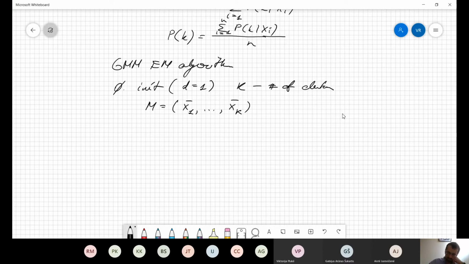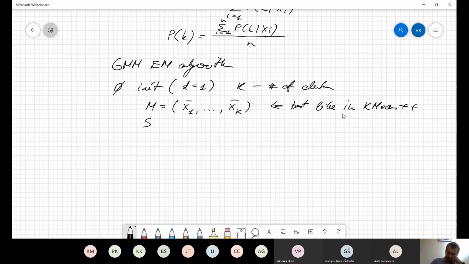The best initialization is like in k-means++. We want the maximum spread, so taking a random number, we want the maximum spread from all the other numbers. So we can use the k-means++ initialization algorithm to find the right centers.